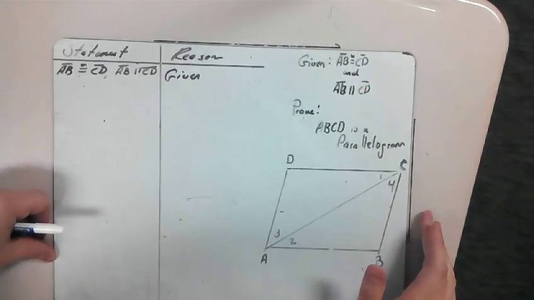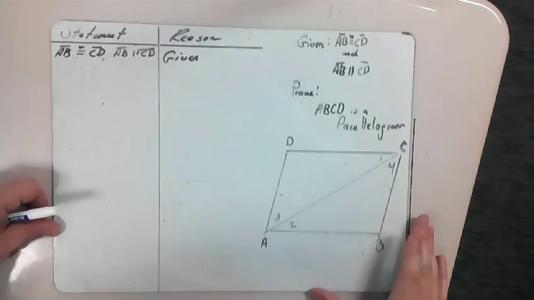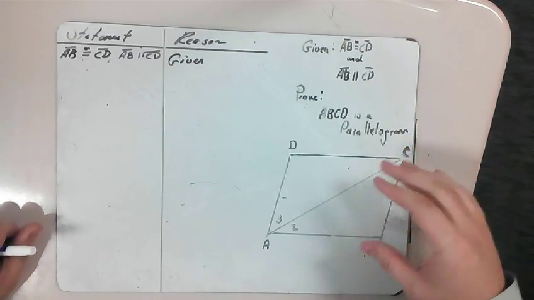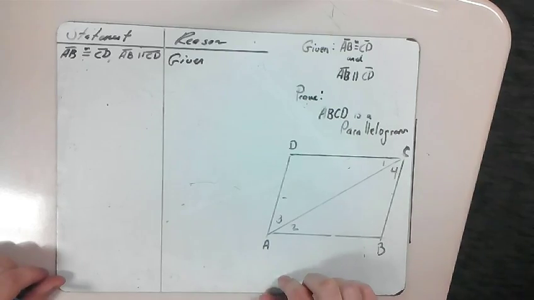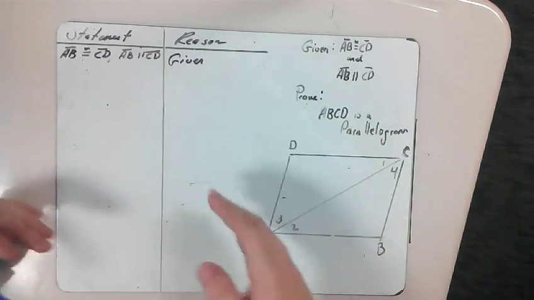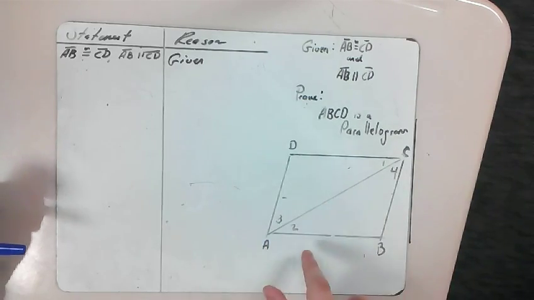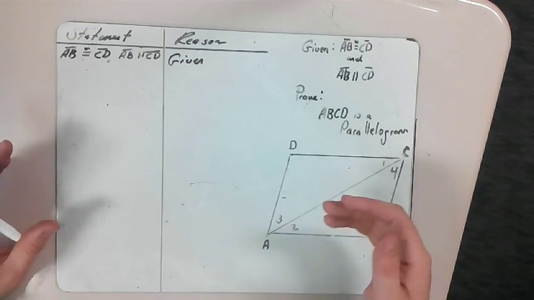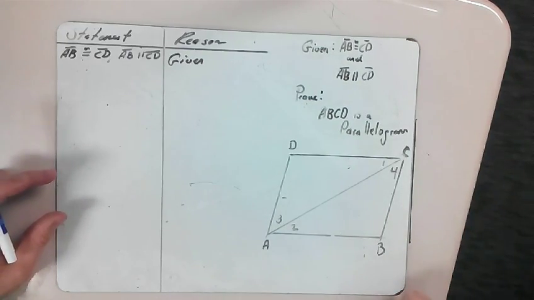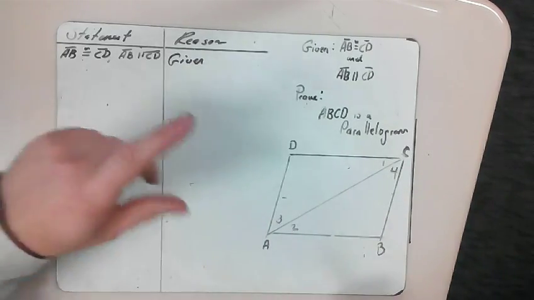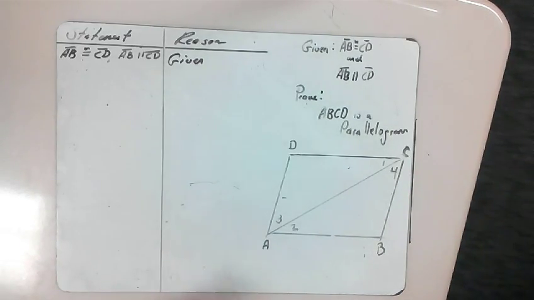In order to have a parallelogram, I need to have parallel lines. In order to have parallel lines, I need to have alternate interior angles. Now, what I can do is prove that these two triangles are the same. Then I could say whatever angles are congruent that I want. So that's where I'm going to start.